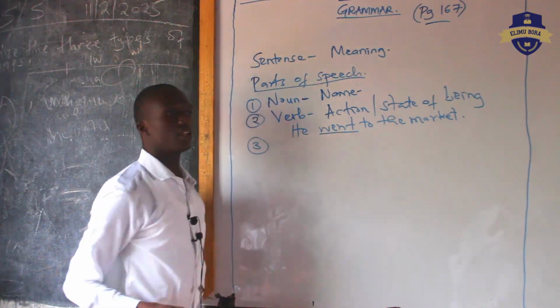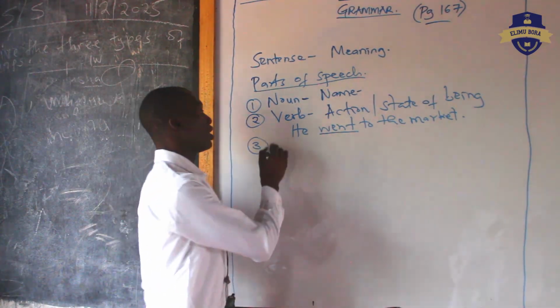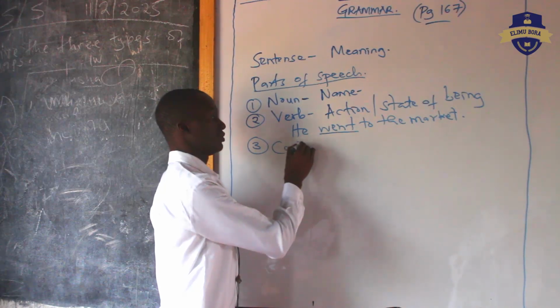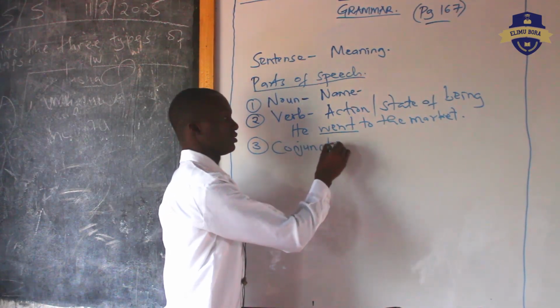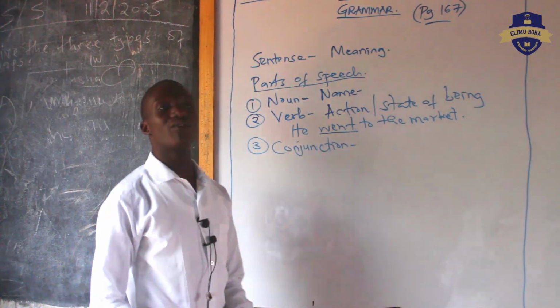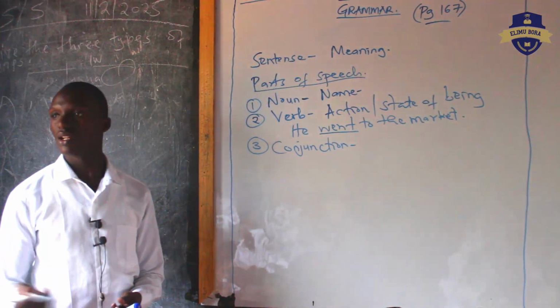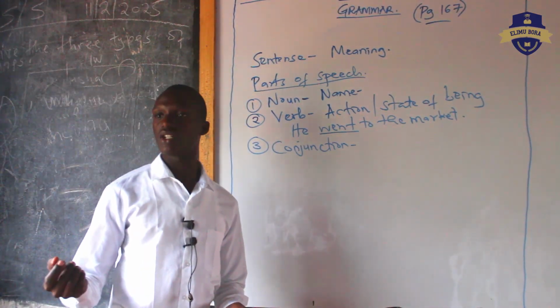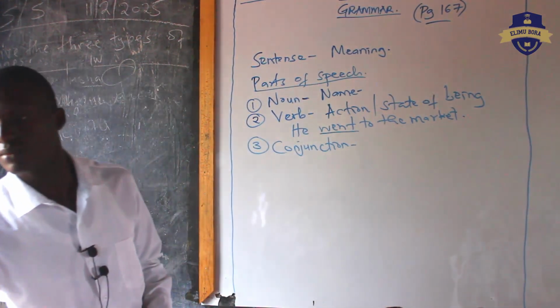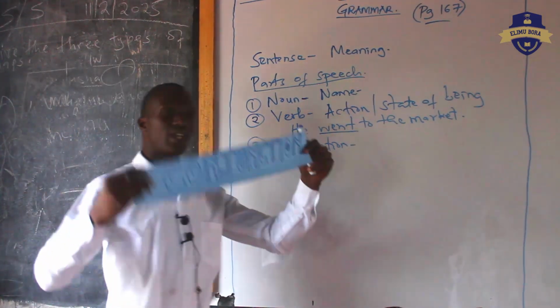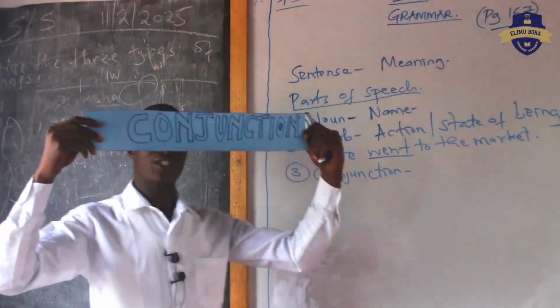Part number three, we move to conjunction. So here is the placard for conjunction.